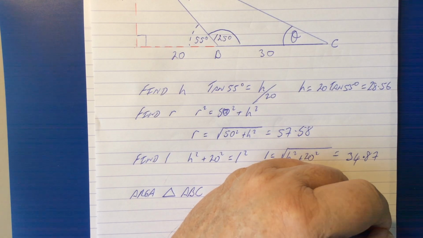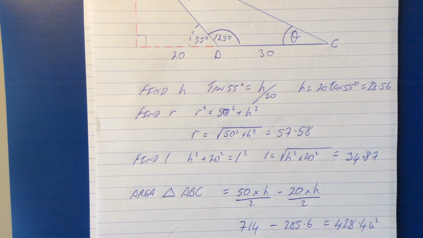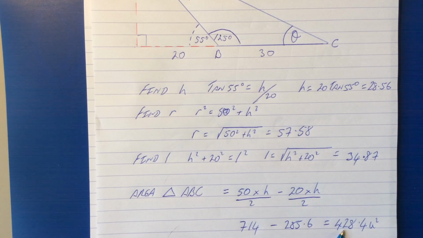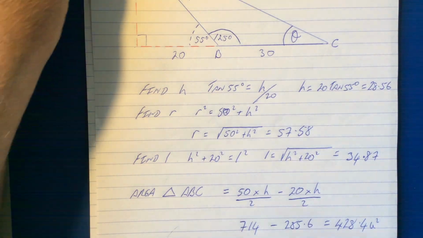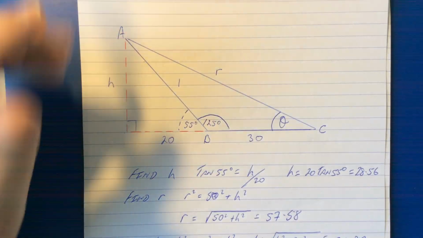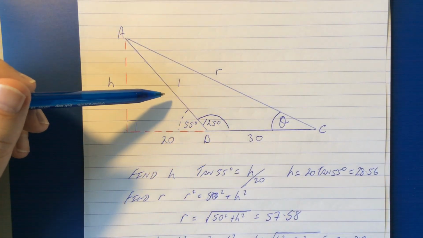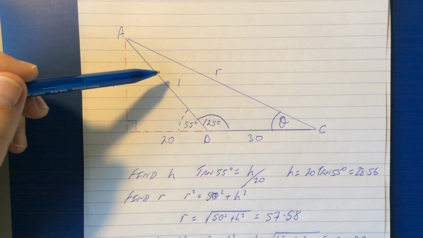So we'll write it properly. And this is equal to this. Subtract this from this, and we get 428.4 units squared. Now, I did say that we could find some of these things by using trigonometry.